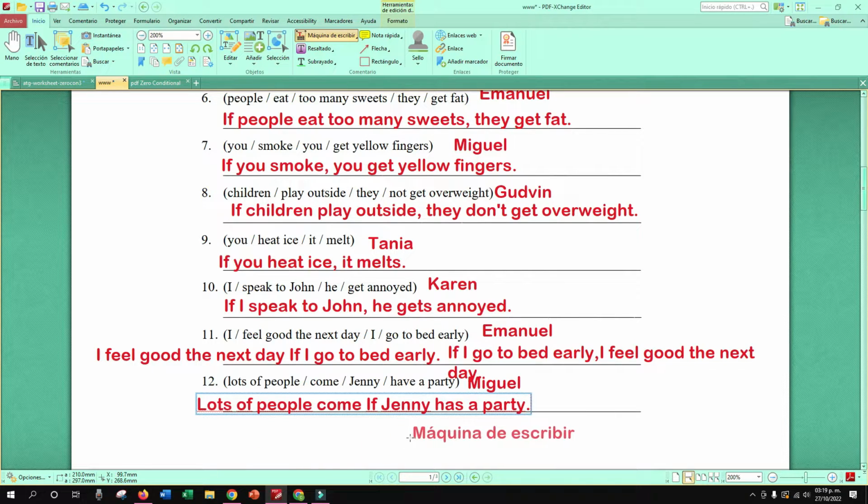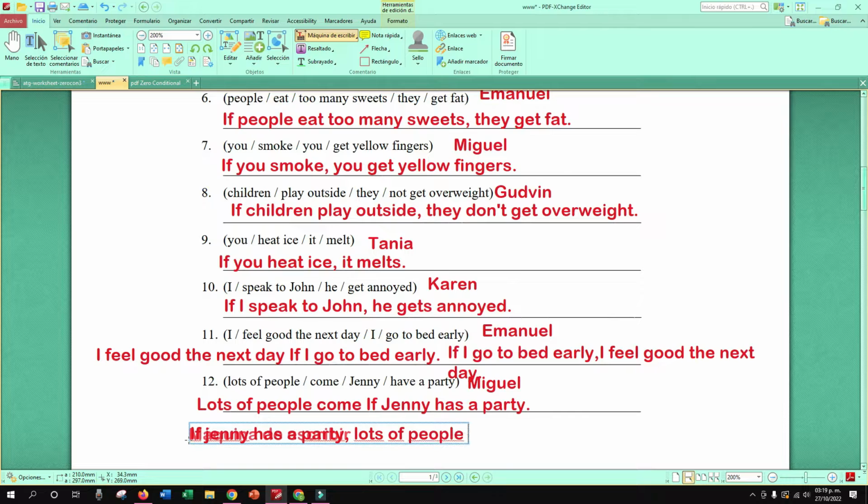So lots of people come if Jenny has a party. Or you can say if Jenny has a party, comma, lots of people come. Also, if Jenny has a party, lots of people come. You can use both, right? So, perfect. Very good, Mr. Miguel. Thank you. Thank you all, guys.